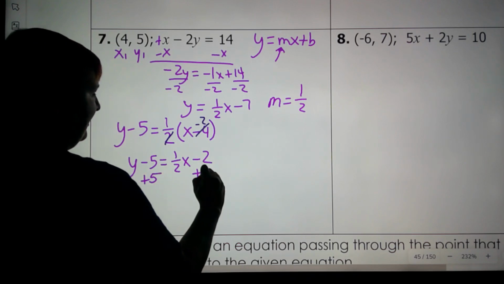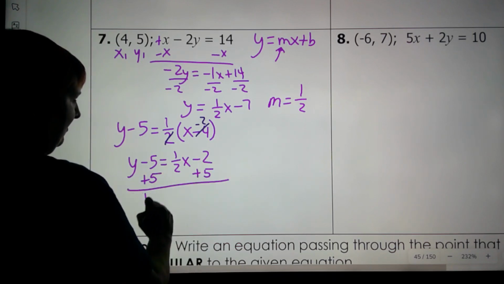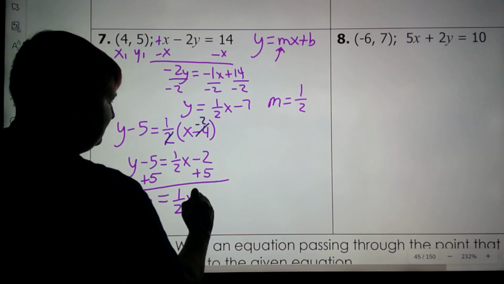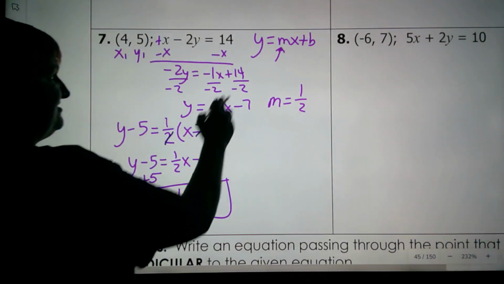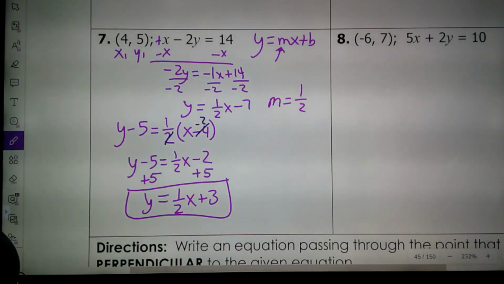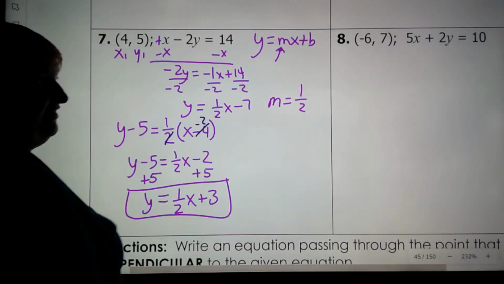Add 5 to both sides. y equals 1/2 x plus 3. Bam, done. And see, it has the same slope, so you know it's parallel.